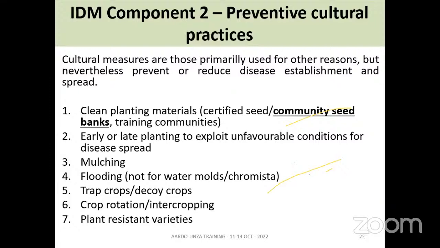Some people have tried flooding, and flooding might help you to deal with the disease-causing microbes in the soil for a period of time before you plant your crop. There's what we also call trap crops or decoy crops. This, in the scheme of integrated disease management, would be a very good thing to explore.